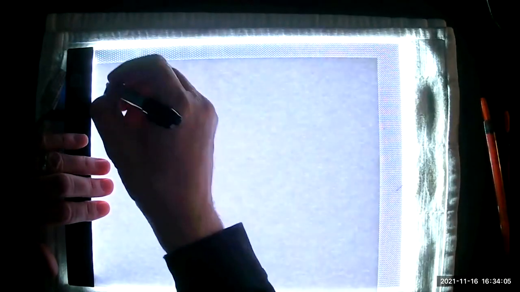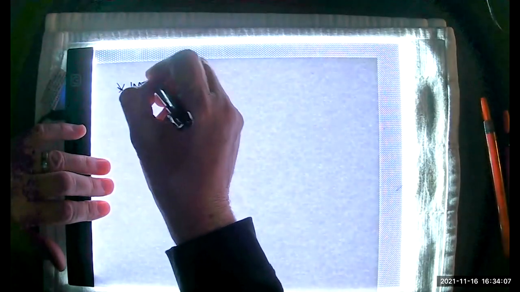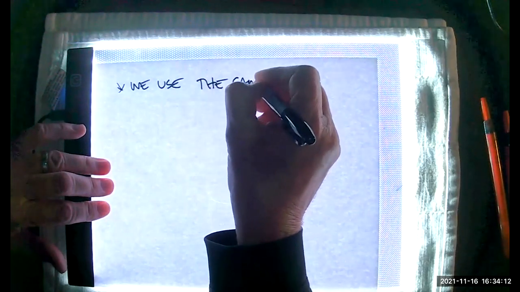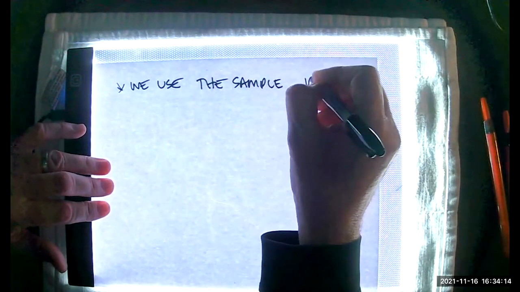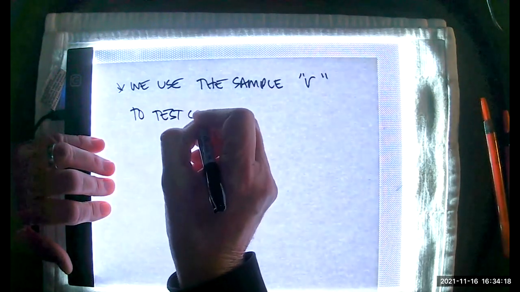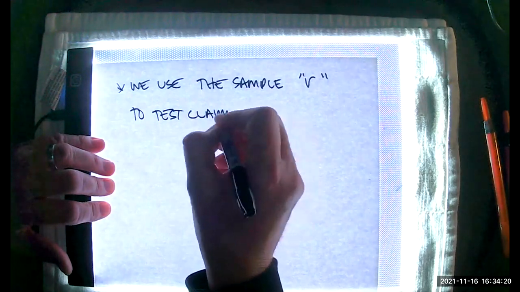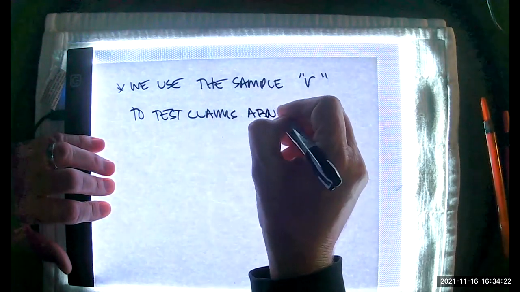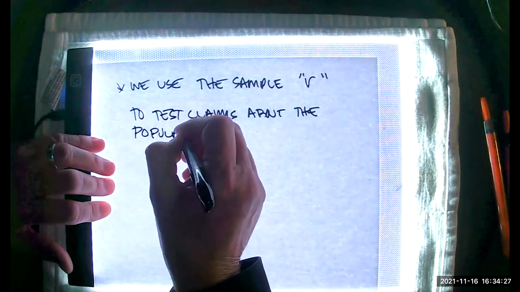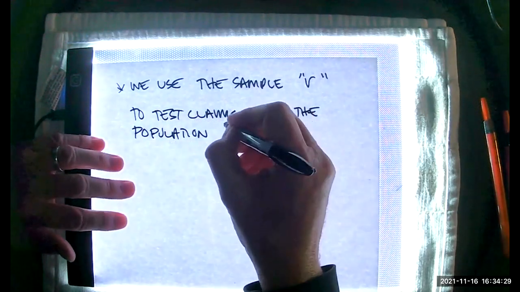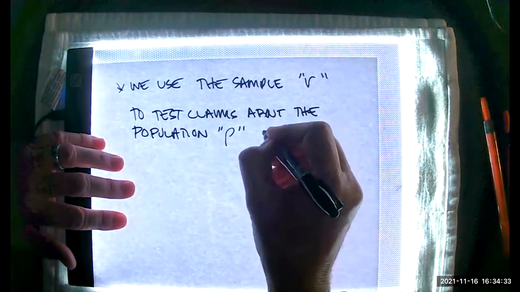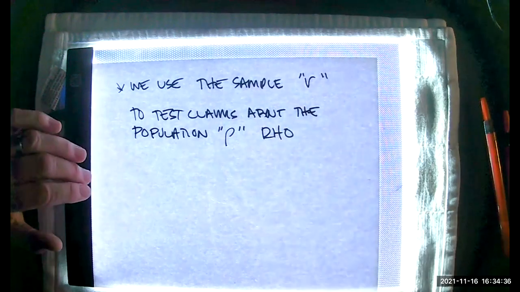And to be really, really clear, we use the sample R to test claims about the population correlation coefficient rho. That's a Greek letter.